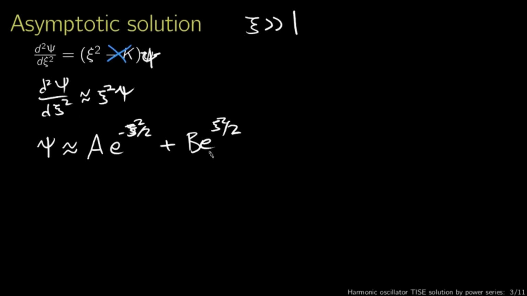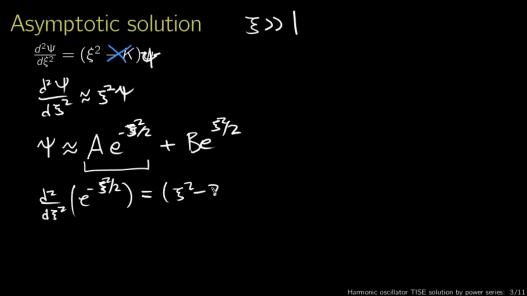You can see that by taking the second derivative of psi. I'll just look at this term, for instance. The second derivative, d squared d xi squared, of e to the minus xi squared over 2 is, and you can plug this into whatever computational algebra tool you want, xi squared minus 1 times e to the minus xi squared over 2.